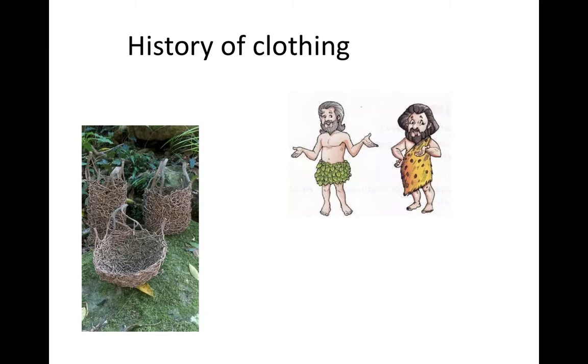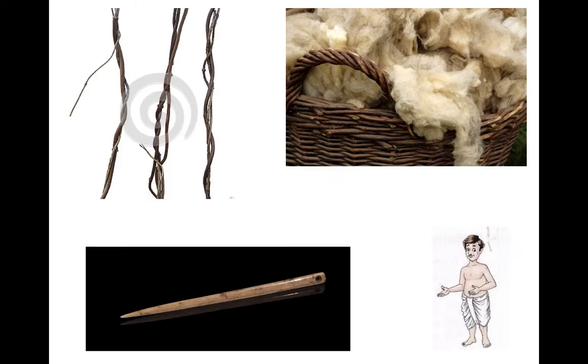As civilization started to improve, they learned to weave twigs and grasses into mats, baskets, etc. They also started making twines or long strands using animal fleece or hair. So slowly they developed different fibers like cotton and learned to drape them around the body.